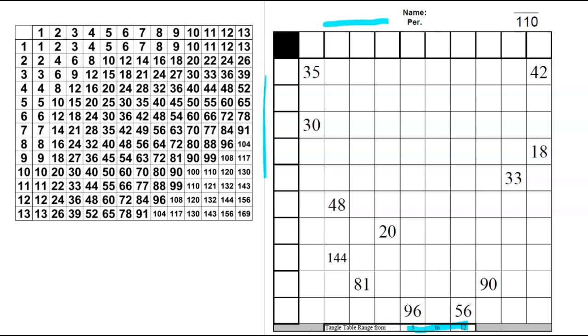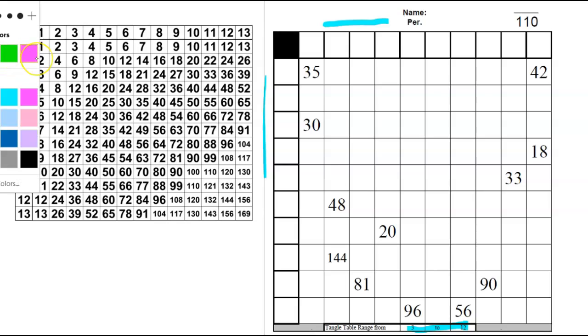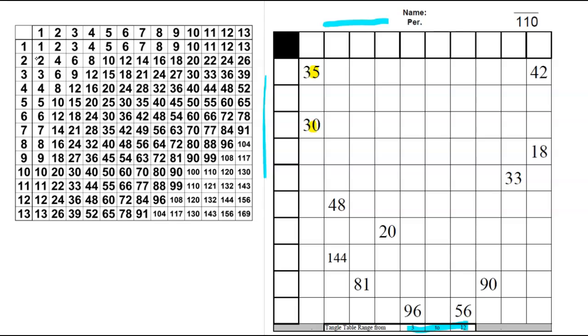So you want to look for things that have two clues in it. Okay. So for instance, I'm going to look at the numbers 35 and 30. So when I look at this row right here, I want to know what number goes into both 35 and 30. So again, I have a multiplication chart over here, and I know that 7 goes into 35, but 7 does not go into 30.